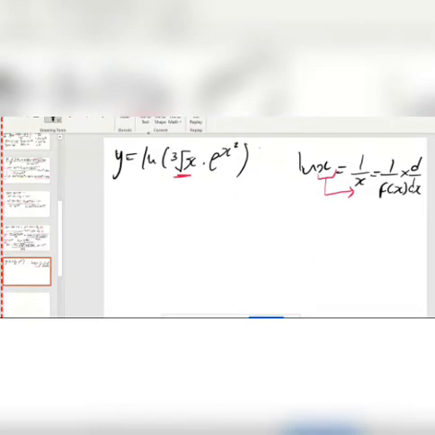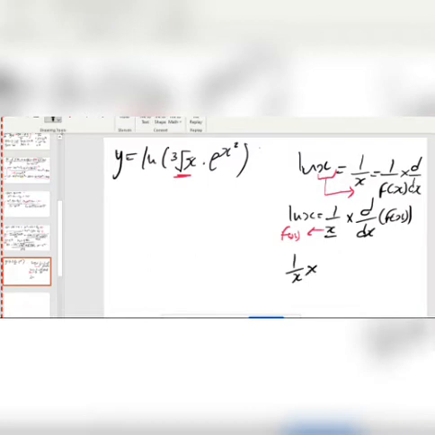Always when you differentiate, this will be 1 over x multiplied by, I want to prove something to you guys. Remember I told you that this is your f of x. Remember from the previous examples we said multiply by your f of x. Where this x is your f of x, you take it as it is, then you say 1 over x multiplied by d over dx of x.